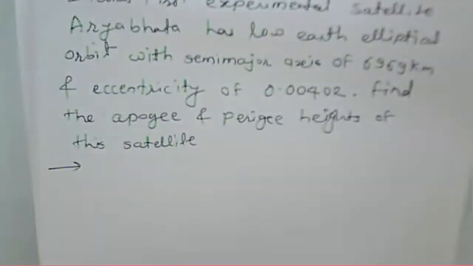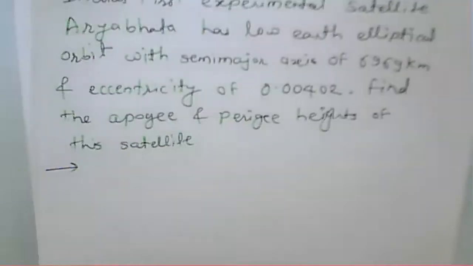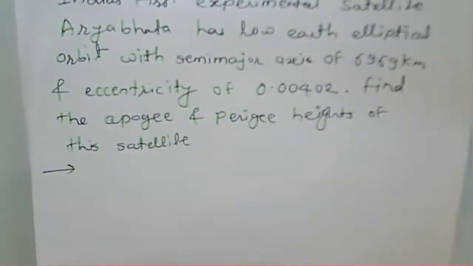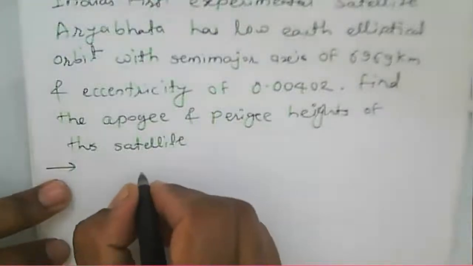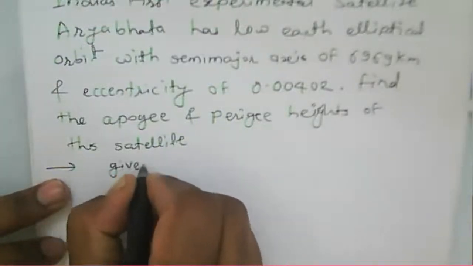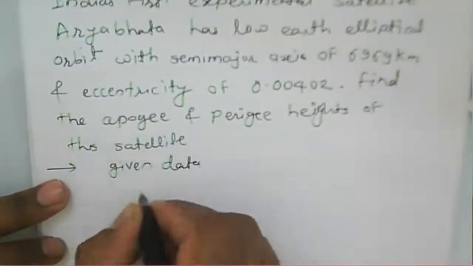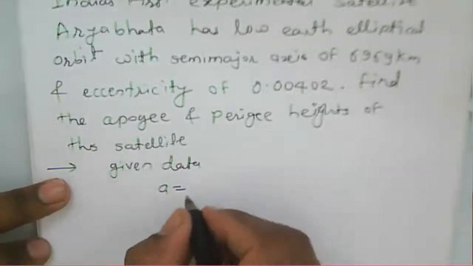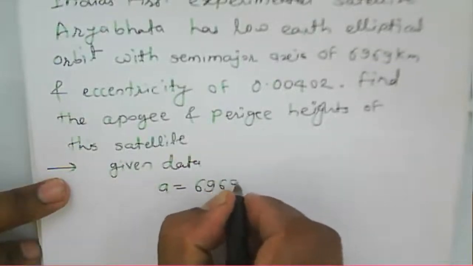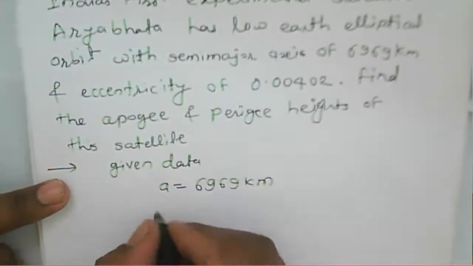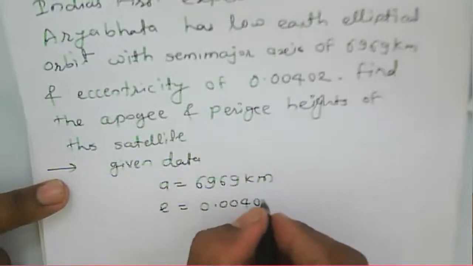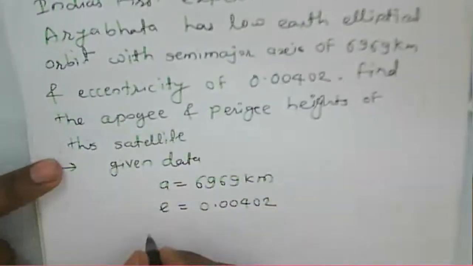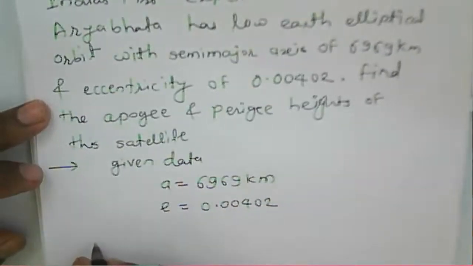Now the terms are given. The semi-major axis is given, that is 6969 kilometer. Then eccentricity is 0.0402.